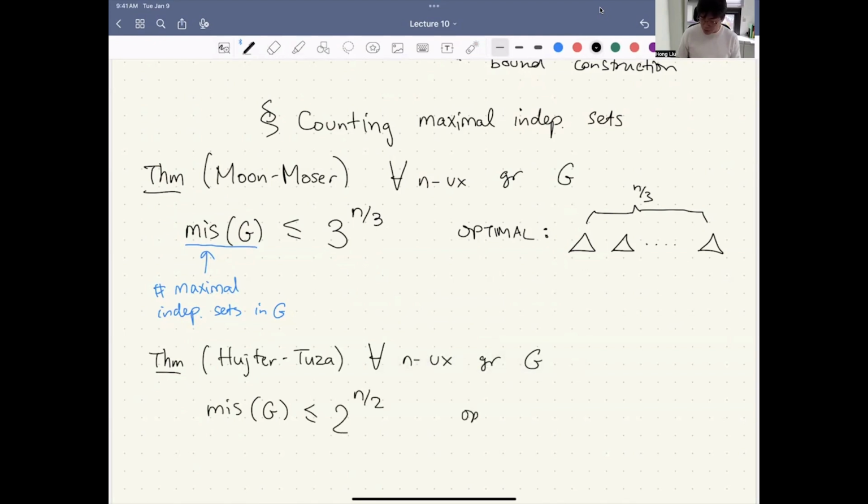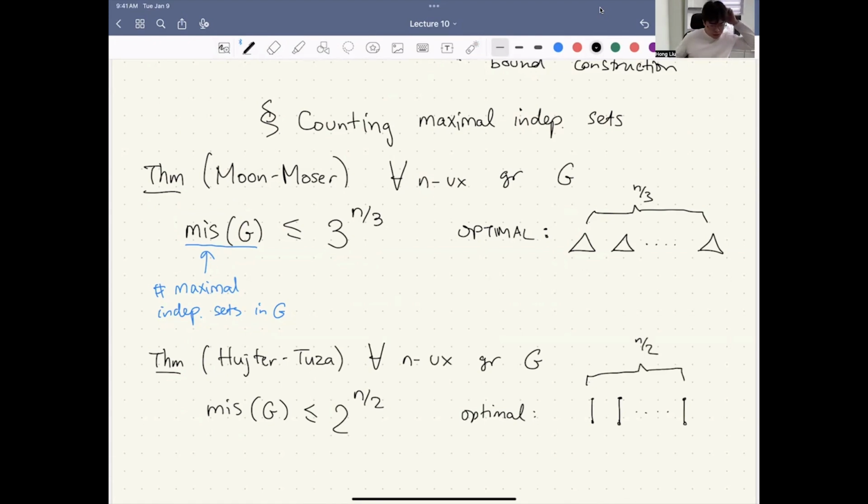This is also optimal, and the extreme example is very simple, just a perfect matching. In this perfect matching, you have to choose one vertex from each edge, and there are 2 choices. There are n over 2 edges, so 2 to the n over 2.